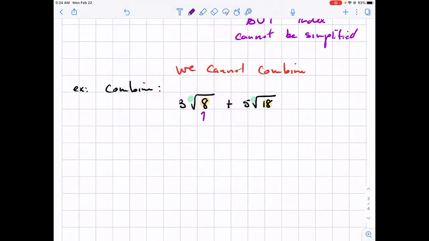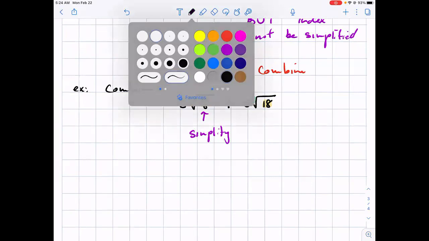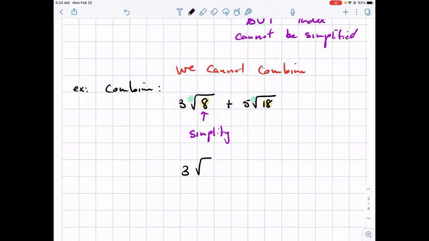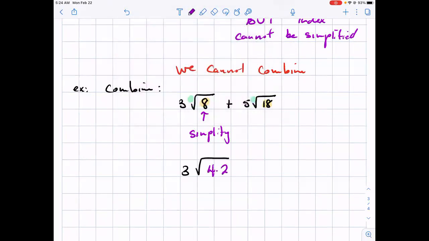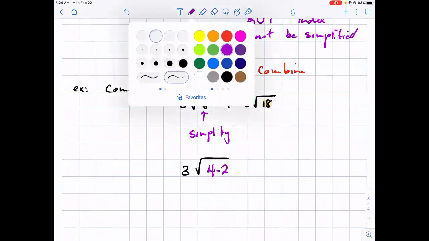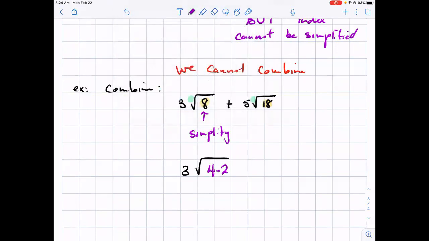So we can simplify this. And this becomes 3 times, the root 8, we know, can be broken as 4 times 2. Plus, and notice that this here can also be simplified.